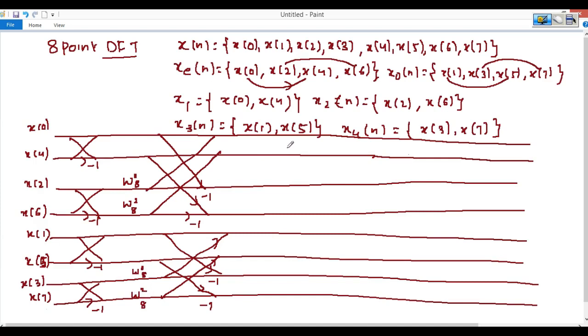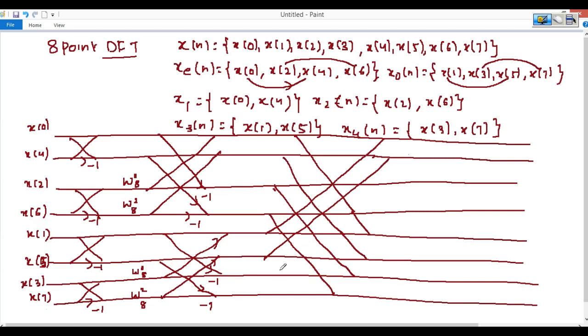Similarly, in the last stage, the third stage, you have to connect from here to here, and this to this. This is coming down, so you have to multiply by minus 1.